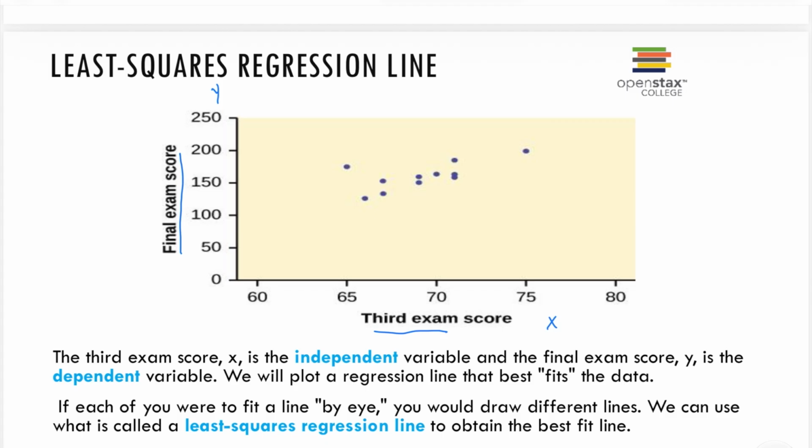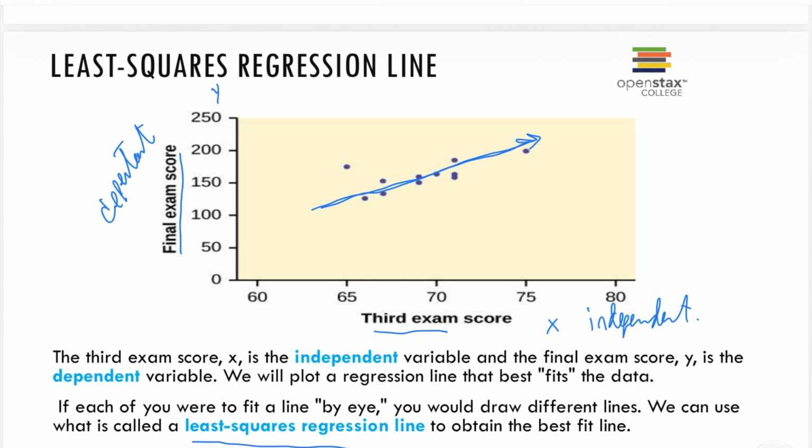So the more you get in the third exam, probably you'll get a higher in the final. X is independent, and y is what's depending. Y is always the dependent variable. You can eyeball this, but again, we're going to get least squares regression line.